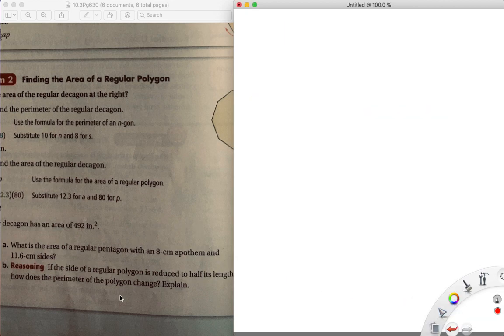The second question it has here is, if the side of the regular polygon is reduced in half, how does the perimeter of the polygon change? Alright, so if our perimeter is equal to n times s, and they're telling me that the side is reduced by 1/2, that means that our perimeter is also reduced by 1/2.